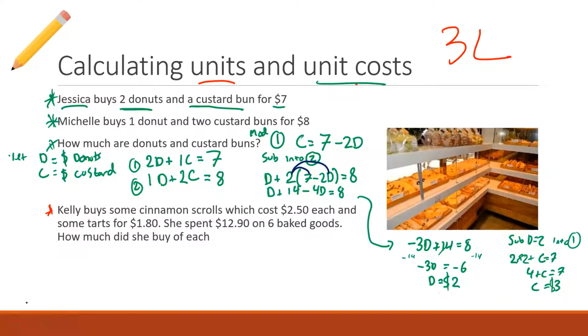Next one. Kelly buys some cinnamon scrolls which cost $2.50 each, and some tarts for $1.80. She spent $12.90 on 6 baked goods. How much did she buy of each?